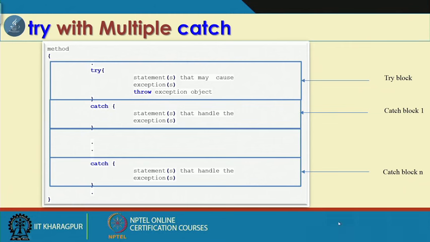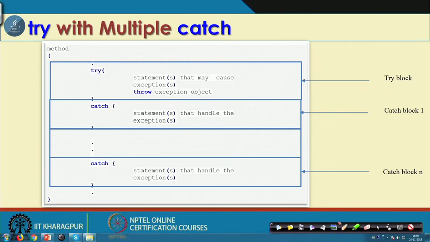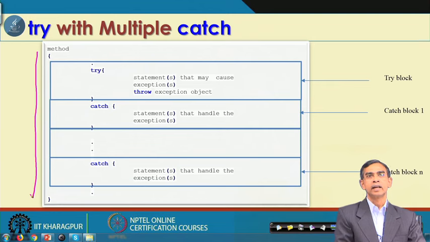Here the idea is basically the methods where we are interested in maintaining exception handling. Suppose this is the entire method. Try with multiple catch implies that there is only one try block and many catch blocks.